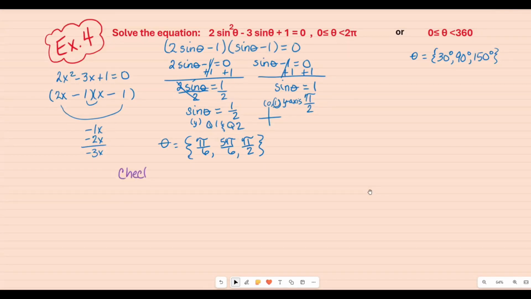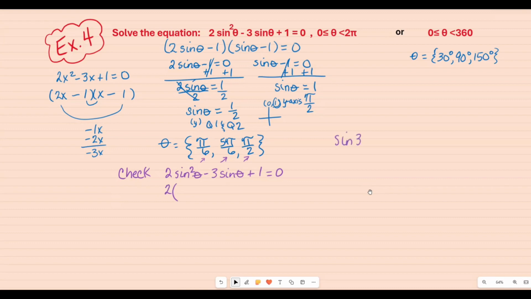So if I wanted to check my work, which I would recommend that you do, then you want to go back to your original problem, which was 2 times sine squared theta minus 3 times sine theta plus 1 equals 0. So when you substitute those values in, you really have 2 times, and you're looking for where sine of pi radians over 6 is located. And we said that it's 30 degrees. However, what is that?